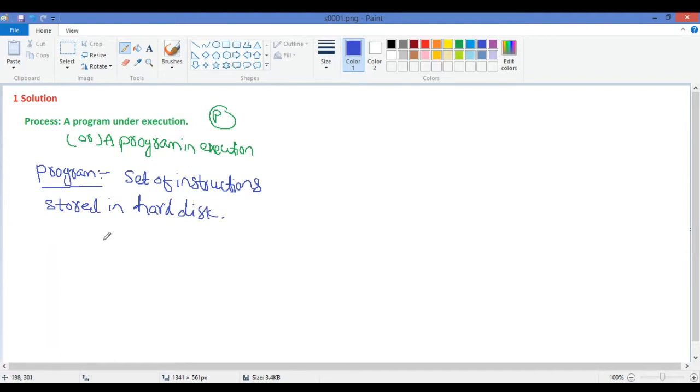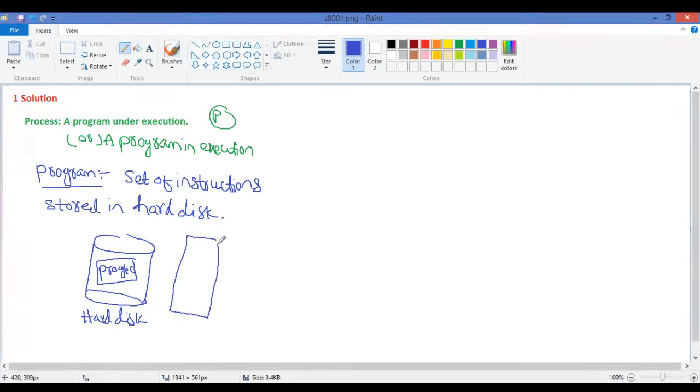See here, you have a secondary storage. This is your hard disk. This is program 1, for example, program1.c. This set of instructions, if it is there in the hard disk, is called a program. But in order to execute this, you have a RAM here. This is your main memory.